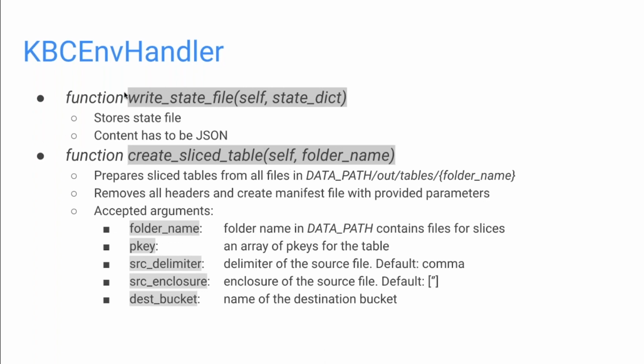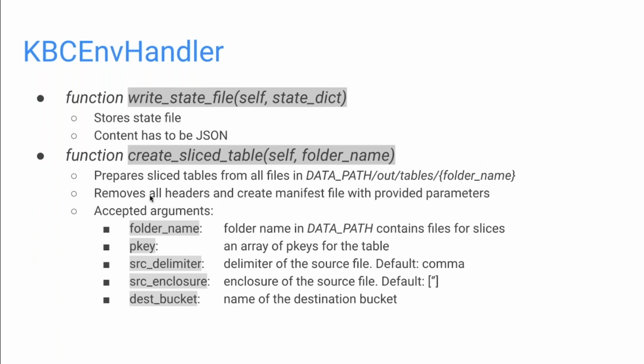Write state file. After the component run, if you wish to store the state file, this function will be able to help you. Create slice table. What it does is basically prepares slice tables from all files in data path, like the tables that are located in this folder.